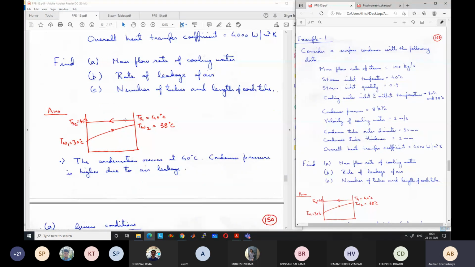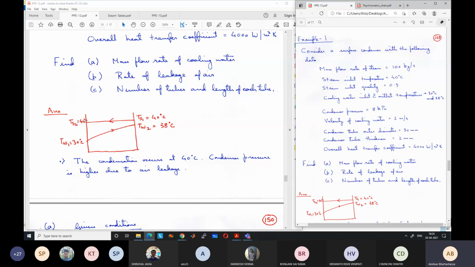It is given that the steam inlet temperature is 40 degrees centigrade, the saturation temperature, at 90% quality. Because it's a condensation process, it occurs at a constant temperature. So steam will go out at 40 degrees centigrade. And what will be the quality at the exit? Yes, 0. 0 means it will be saturated liquid.